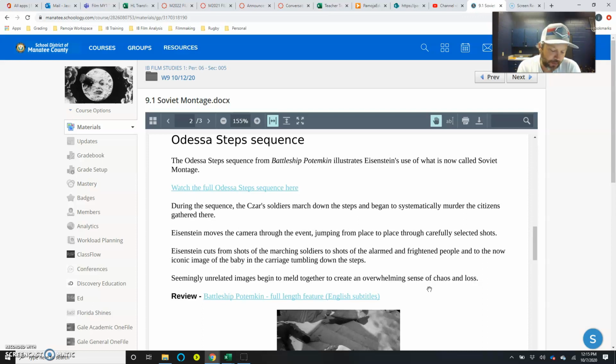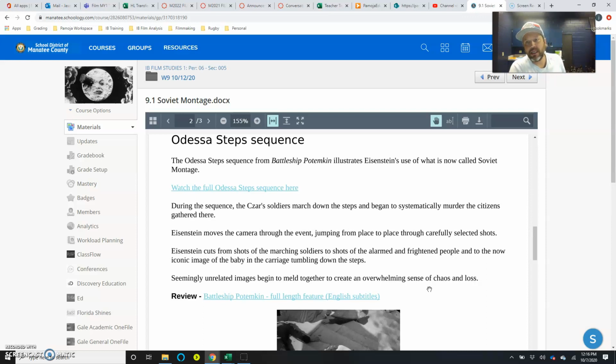The Odessa Steps sequence is probably one of the most analyzed and referred to film sequences in film studies. Not just this class, but if you take a film class or film studies class at a university or any school, odds are you're going to be studying this sequence.